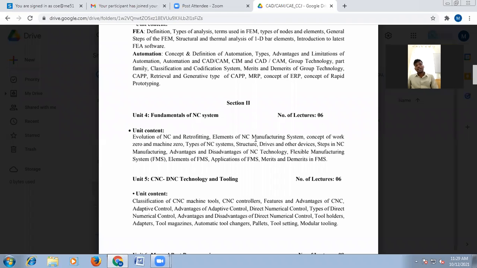According to that previous old machine and the current new machine, what are the major differences and functions, those things also we will see in this chapter. Then what are the basic elements of this system, those elements also we will see in this chapter. And the basic concept of work zero and machine zero, that point also we will see, meaning machine zero point and work zero point.